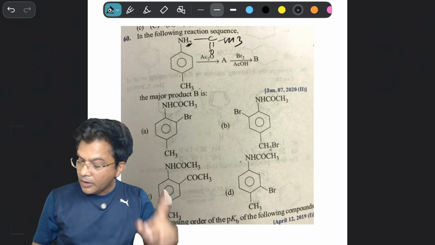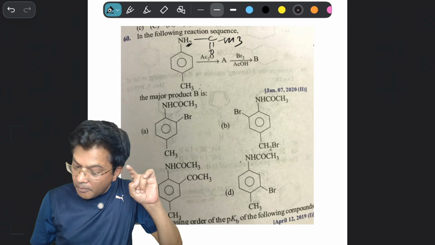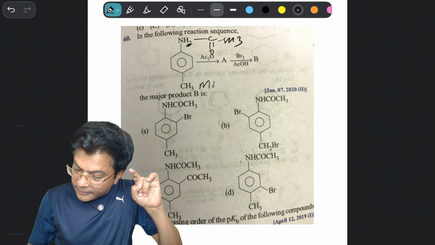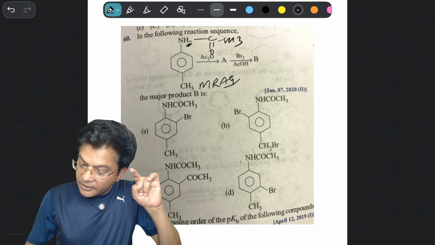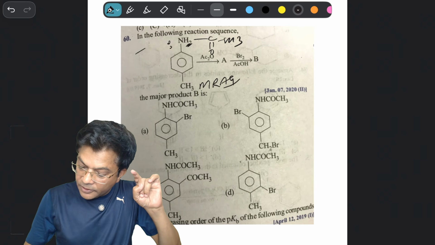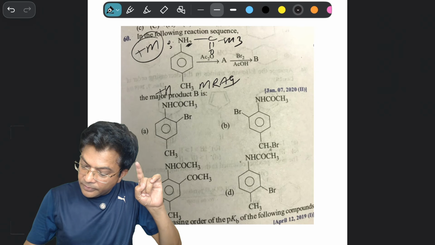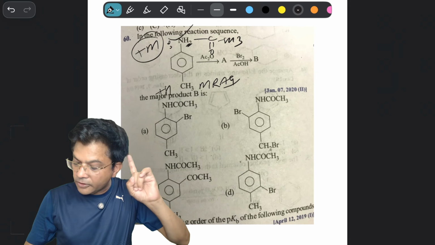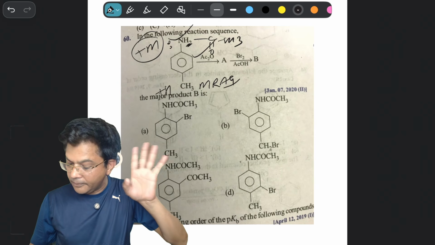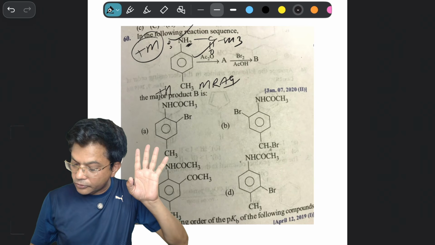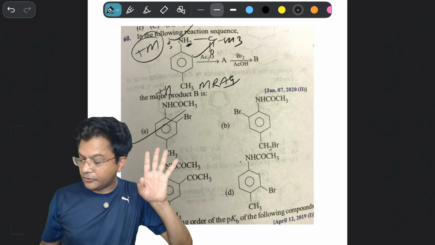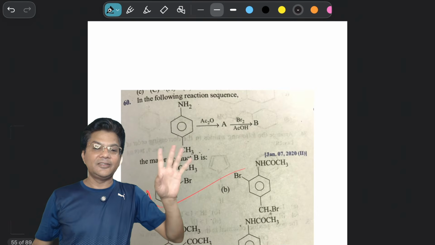Methyl is a mild ring activating group, and NH shows +M effect because of the lone pair, and this shows +H. That will determine it. Para is blocked, so at ortho bromine will come, so A must be the correct answer.